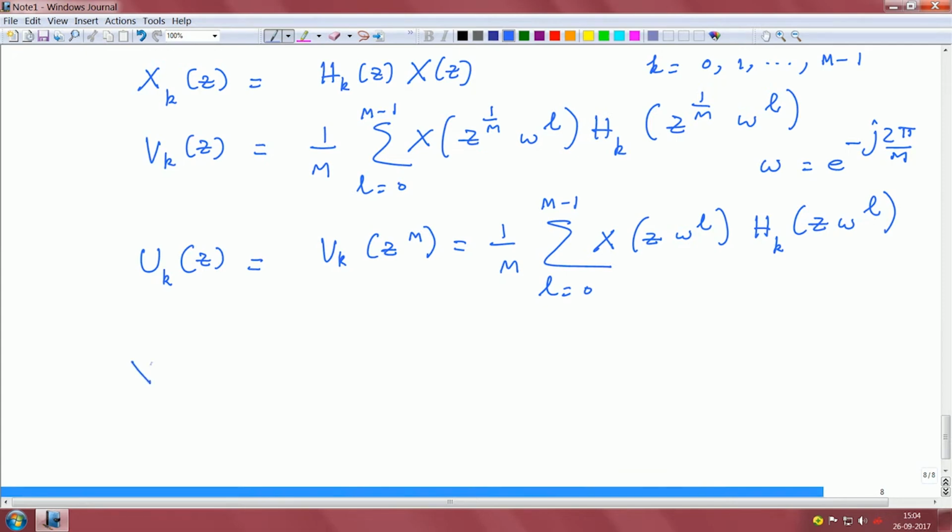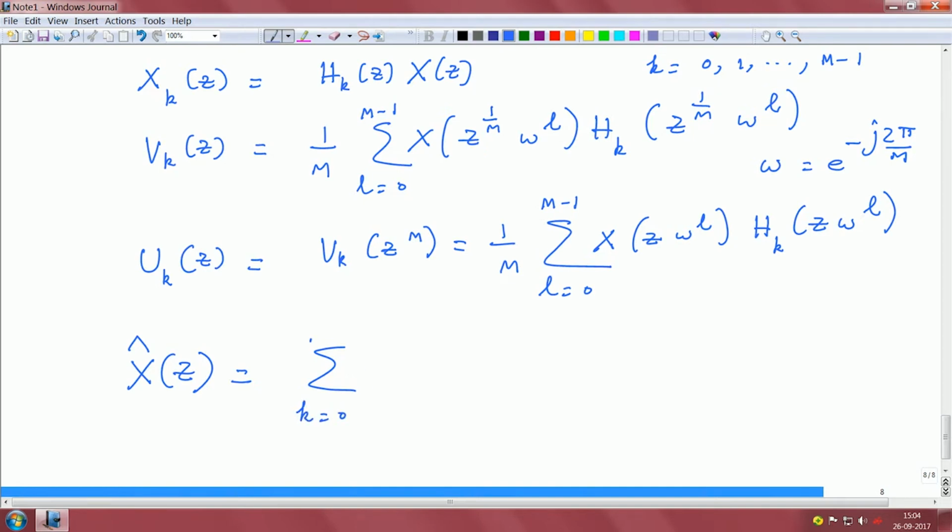Now, we can get the expression for x hat of Z, which is basically you are taking all the subband signals post the upsampling process and filtering them through the bank of synthesis filters.